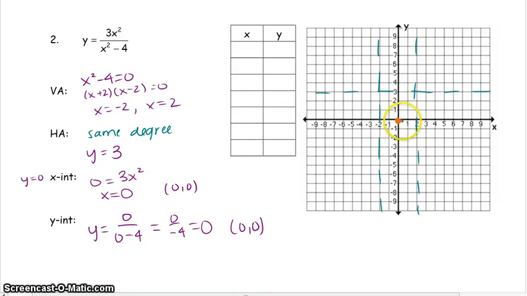But just like before, I'm going to take this point 0, 0 and put it right in the middle here. And since I have my asymptotes, when I put my other points around my 0, I'm going to put -1 and 1, but I'm going to have to skip over 2 because 2 is not going to give me a y value. But I can put a -3 and a -4 and a 3 and a 4, and we can solve for our y. If you plug this into your calculator and look at your table, that would be easier, and I recommend doing that.